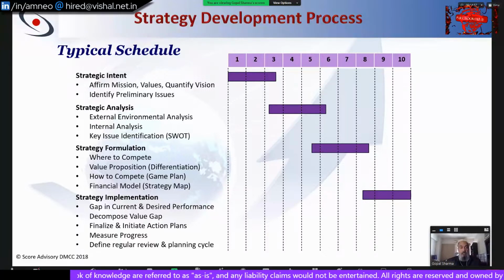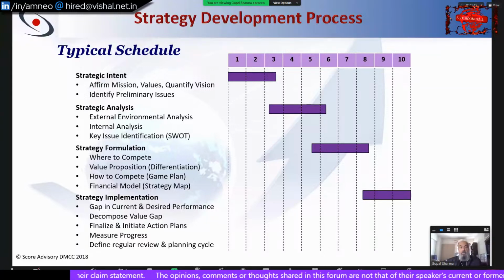The second very important decision is what kind of value we are going to provide to our customers. Because to beat the competition, you need to be different from your competitors. And the difference comes from the value proposition.